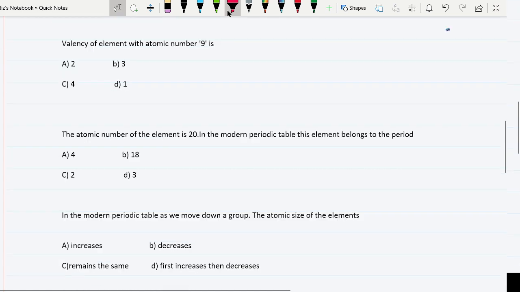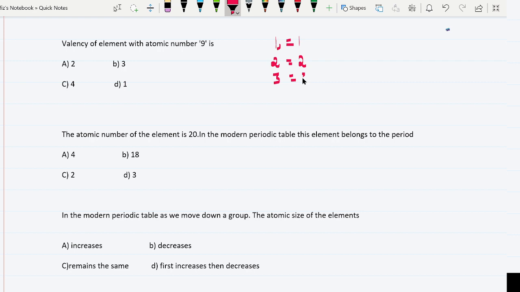Valency of an element with the atomic number 9. I think you all have learned how to find the valency. I'll tell you: if the last shell has one electron, then its valency will also be 1. If the last shell has two electrons, then its valency will be 2. If the last shell, which is also known as the valence shell, has 3 electrons, then its valency will be 3.